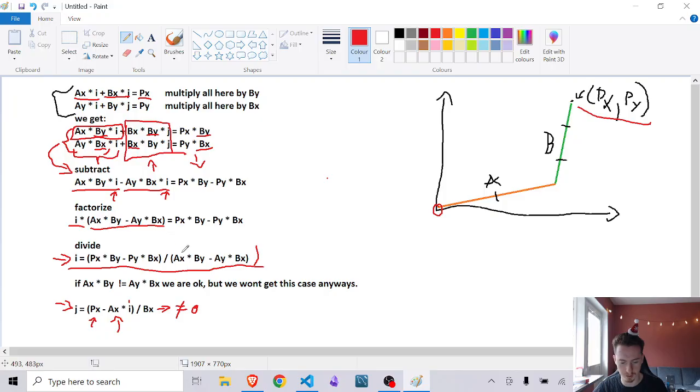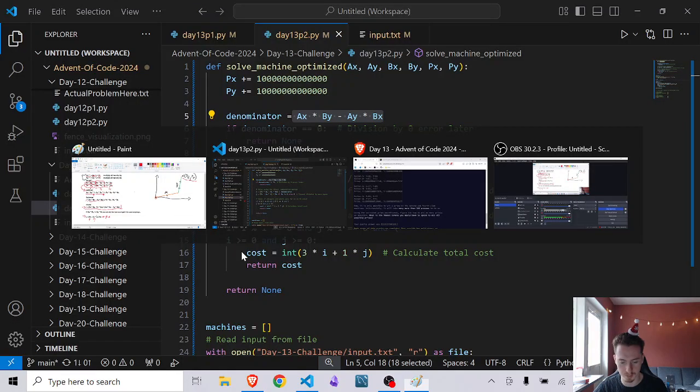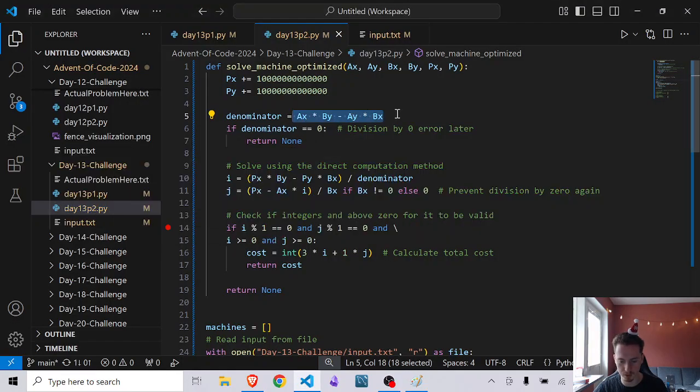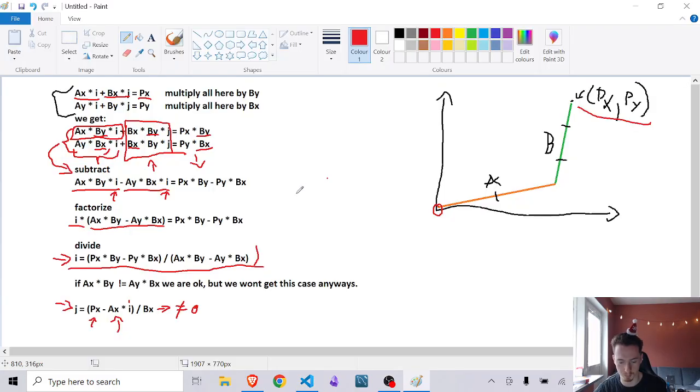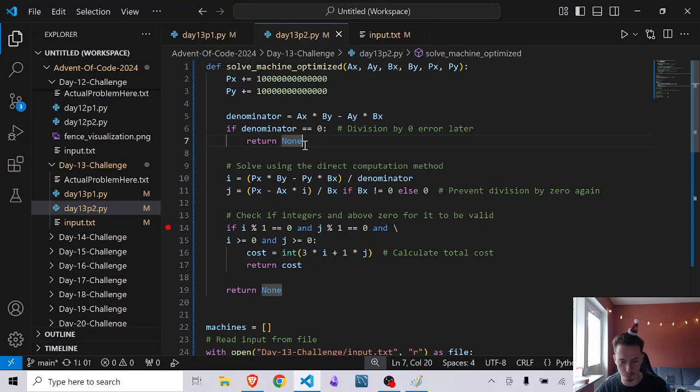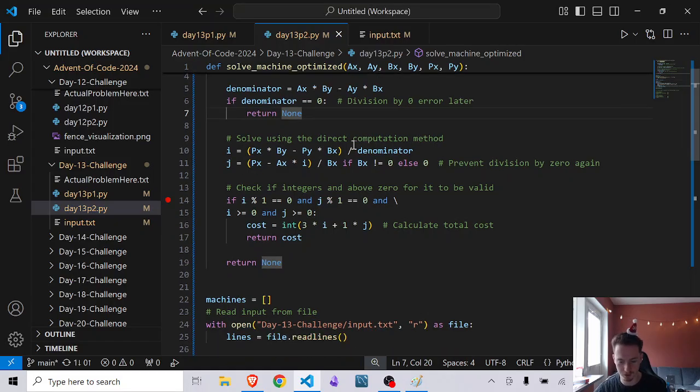So we can see it's divided by ax times by minus ay times bx, and we have to check if the denominator is not 0. If it is, then we're going to get a problem because we can't divide by 0. We don't actually have to. I've tested it without it, and at least with my input file it works just fine, but it's good to never divide by 0, even if you know that it's not going to happen.